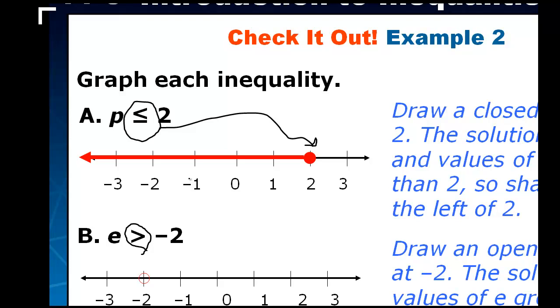And bigger than means we will go to the right. We will shade all the numbers going to the right. So -2 is not a solution, and all the numbers greater than -2 are a solution.